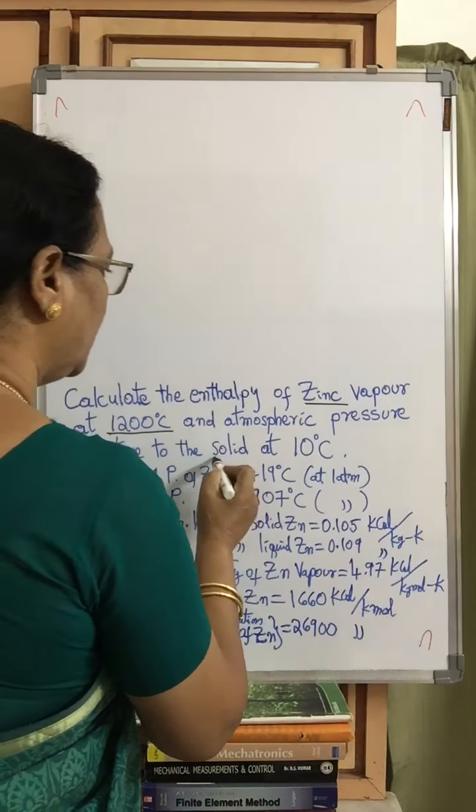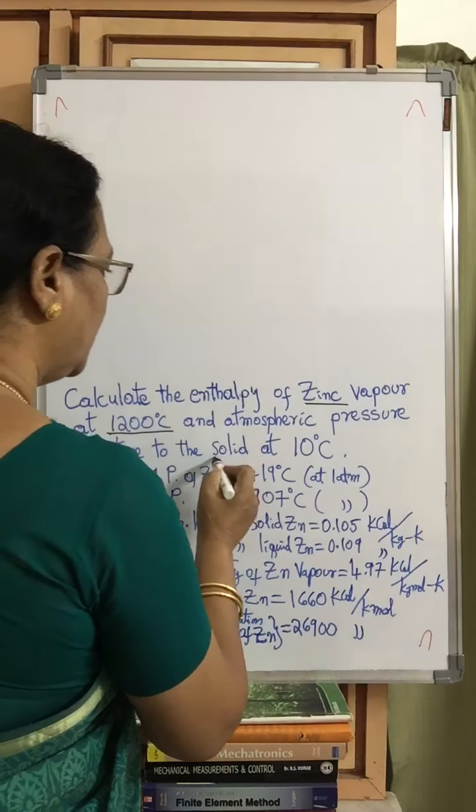Then what is Q2? Q2 is also the quantity of heat required to melt zinc.